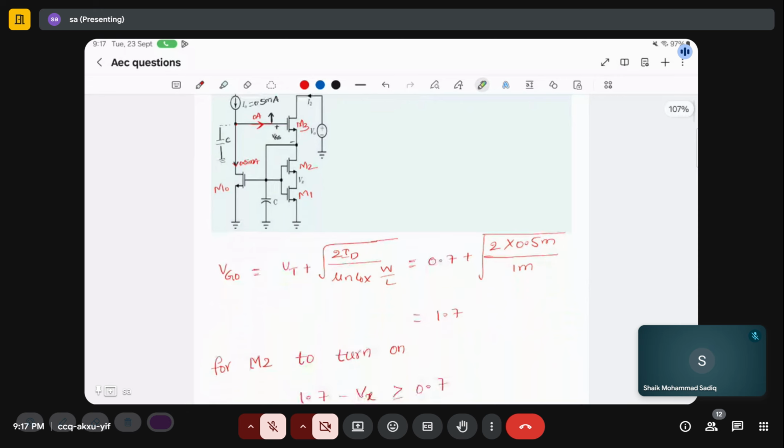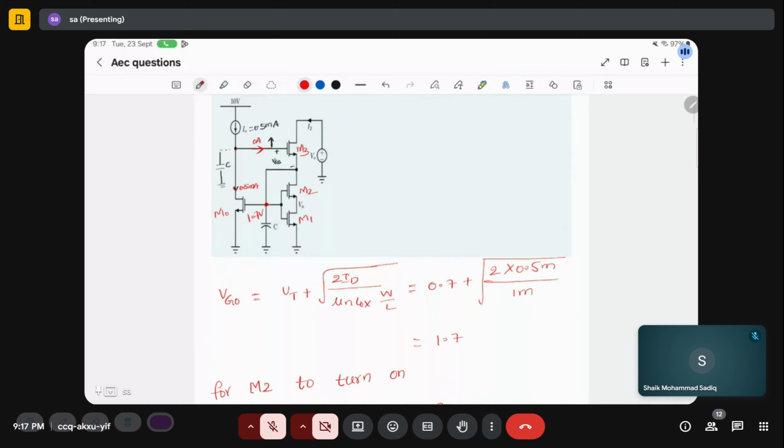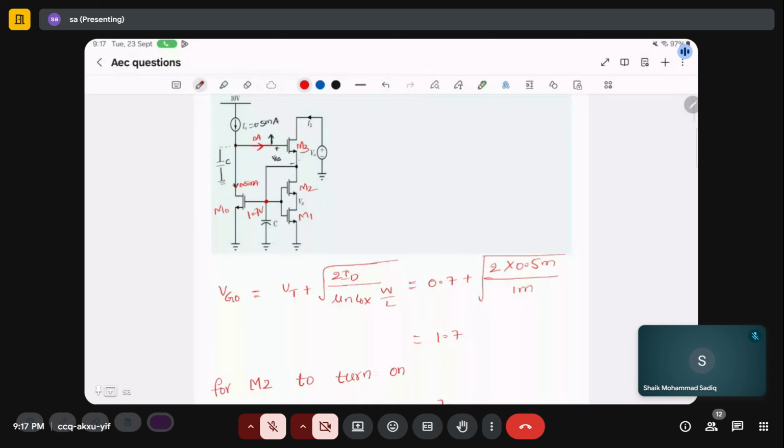Now we know that this node potential is fixed at 1.7 volts. VD also 1.7. So what will you do generally? This is 1.7 volts. 0.5 milliamps is flowing in M naught, so 0.5 milliamps will flow in M1, M2, M3, and the same VGS 1.7 volts, 3.4 here, and VD minus VT.